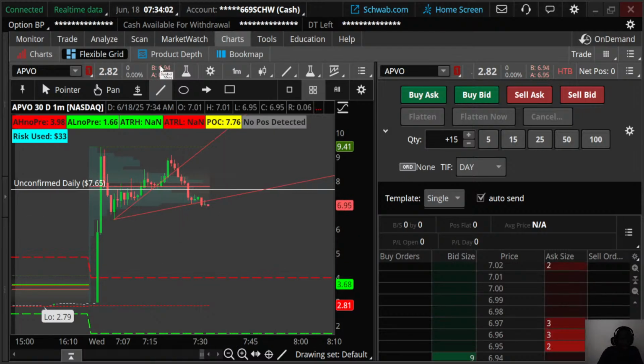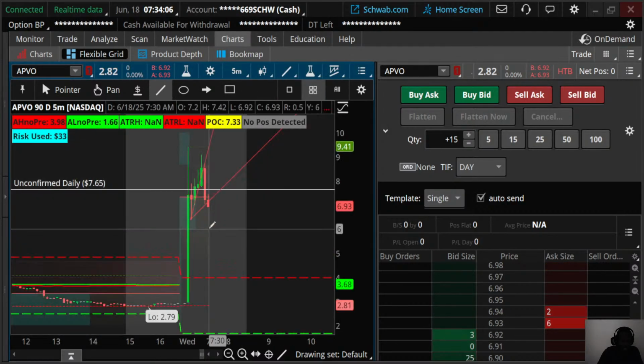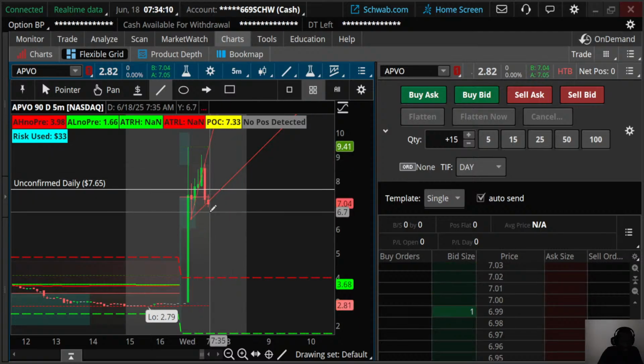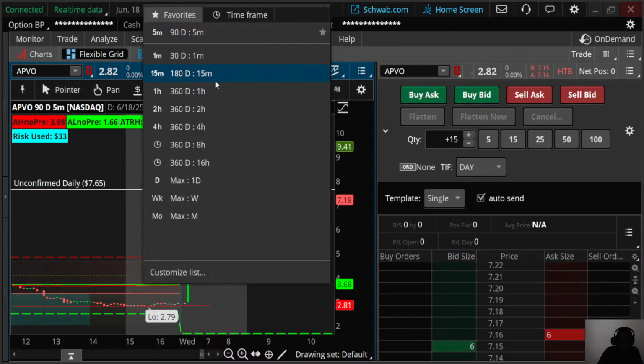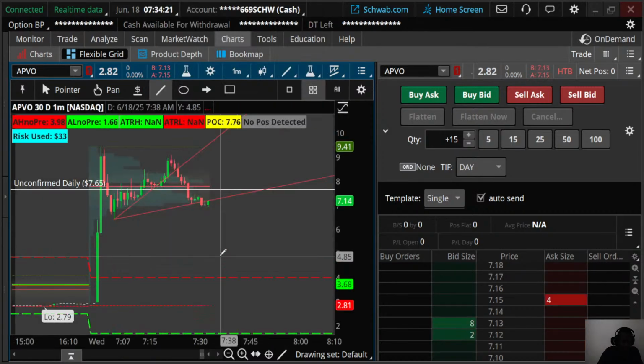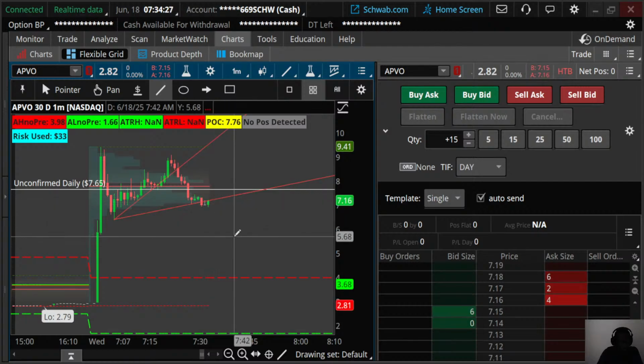Let's look at the 5-minute again. You can see how it's starting to invalidate this one and get further and further from the original steep trend line there. This is the second time testing back up here to this 7.29.